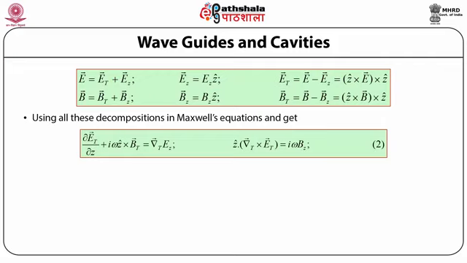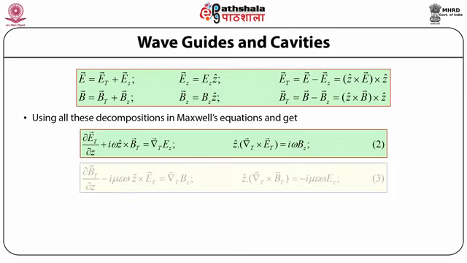Similarly, the dot product of the unit vector z with the curl of the transverse del operator and the transverse component of the electric field vector is equal to i times omega times the z component of the magnetic field induction B.